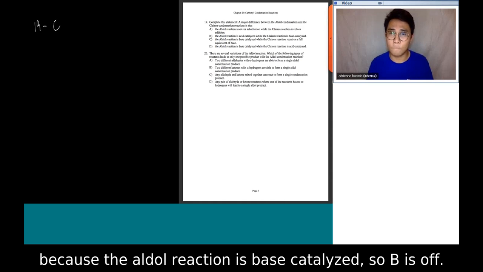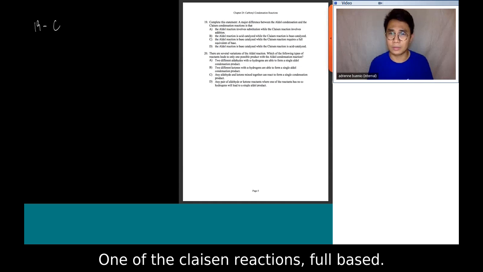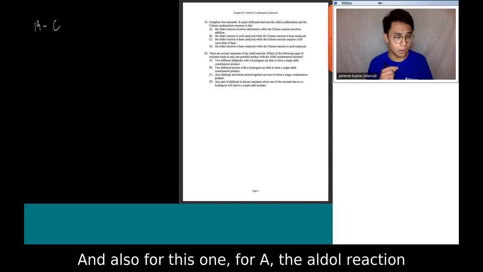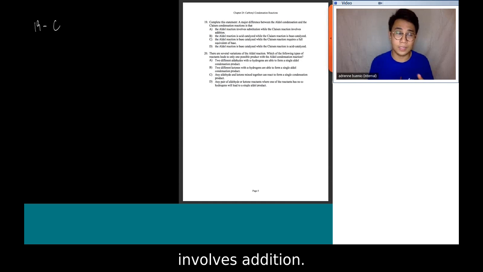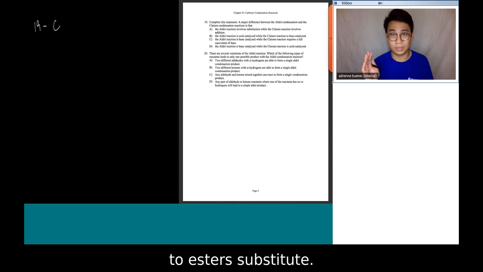So B is off. Yeah, while the Claisen reaction requires full base, an equivalent of full base. And also for A, the aldol reaction involves addition, right? It's nucleophilic addition, while the Claisen involves substitution, the esters substitute.